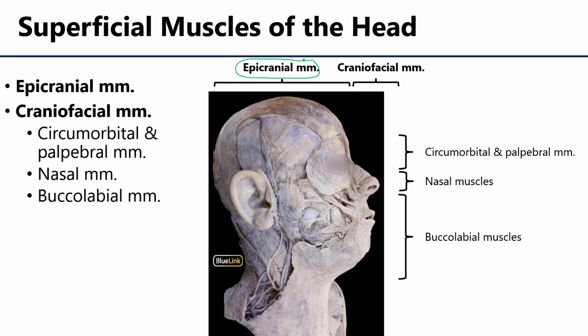The epicranial, epi meaning upon the cranium, and the craniofacial. Cranio references the cranium and facial references the face. The craniofacial muscles are grouped into muscle groups that pertain to orifices.